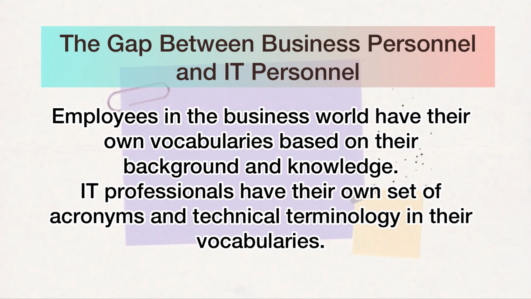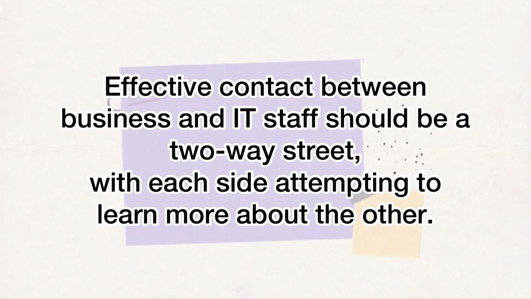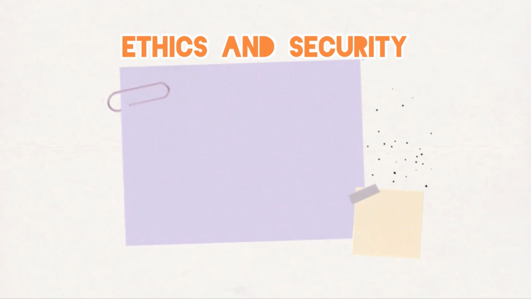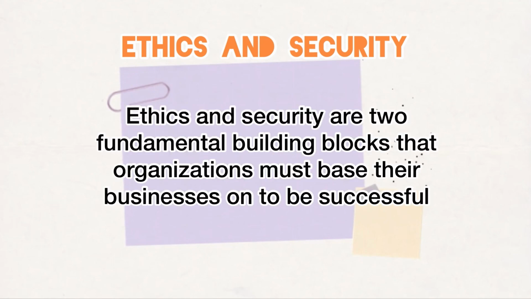So, in order to overcome the gap, effective communication between business and IT staff should be a two-way street, with each side attempting to learn more about the other. And the last thing in this chapter is ethics and security. Ethics and security are two fundamental building blocks that organizations must base their business on to be successful.